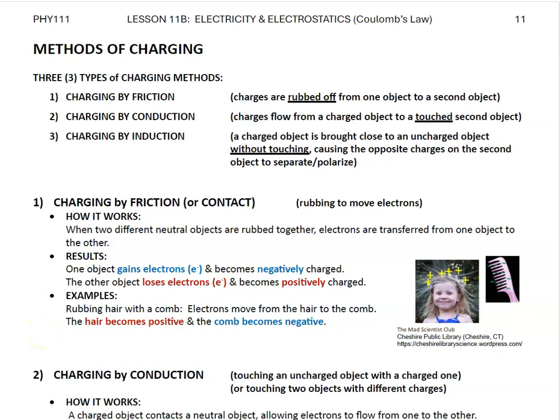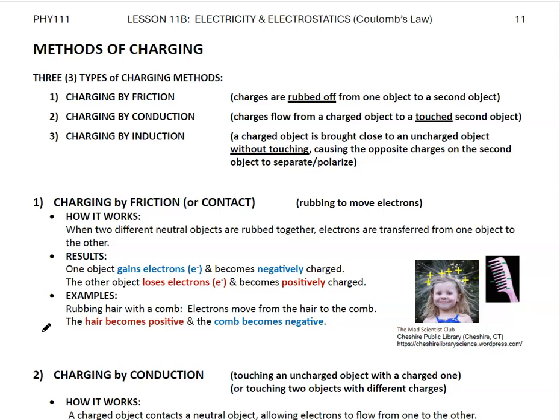Well, these charges on the neutral object will separate. They'll polarize, and you'll have the positive charges on one side of the object and the negative charges on the other side of the object. And then we have very simple ways to get rid of half of those charges, leaving that originally neutral object now with one of those two charges.